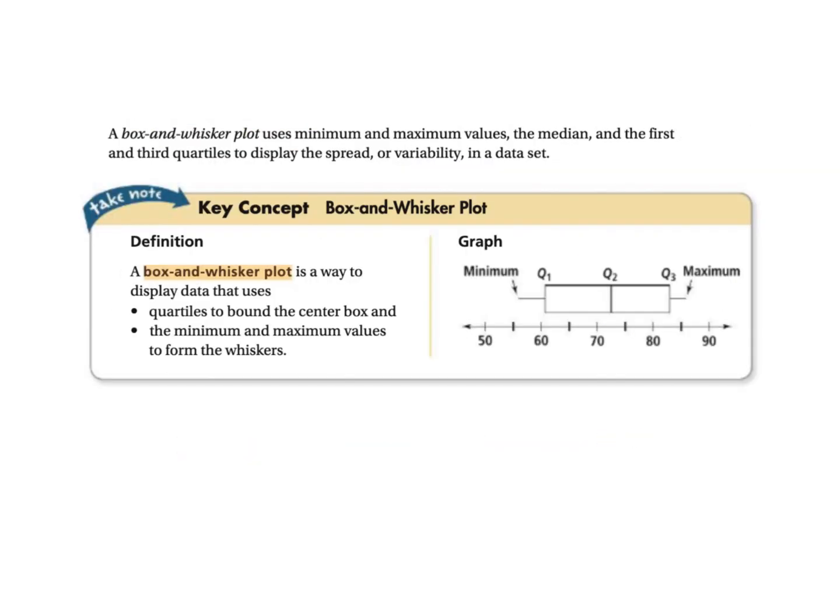Using the minimum data value, the maximum data value, the first quartile, the median, and the third quartile, we can create a box and whisker plot, which is a way to display the values. The quartiles bound the center box, and the minimum and maximum values form the whiskers.